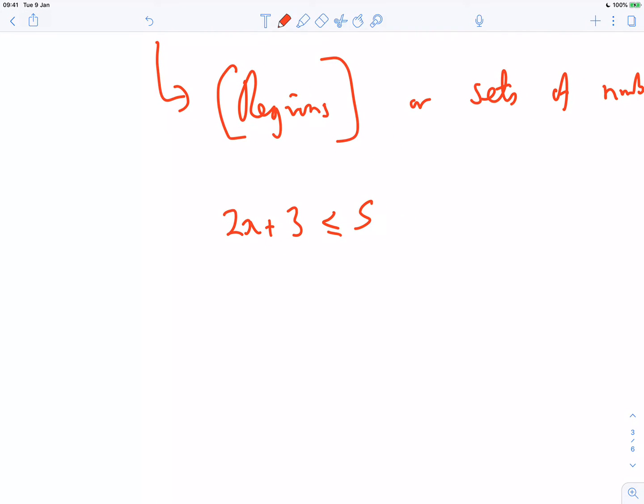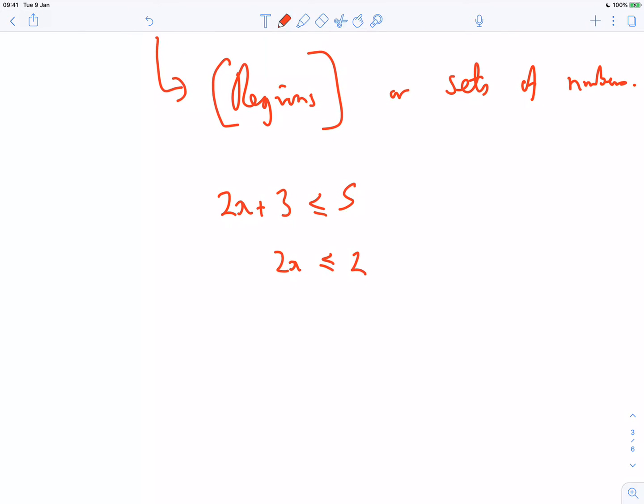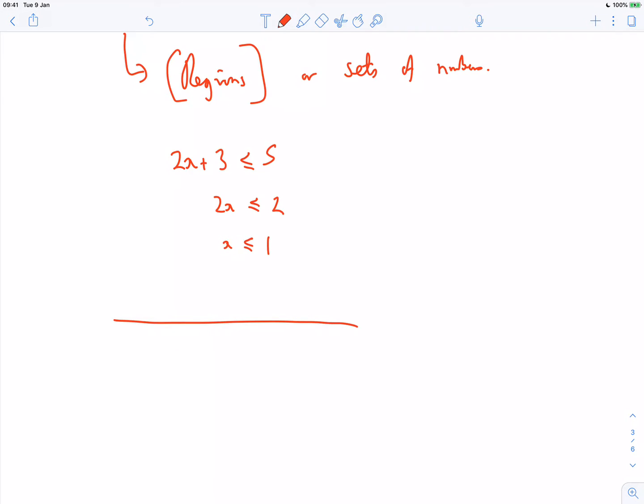I subtract 3 from both sides to get 2x less than or equal to 2, like so, and I can divide by 2 to get x is less than or equal to 1, which means on a number line, if this is 0, 1, 2, 3, 4, 5, minus 1, minus 2, minus 3, minus 4, then I'll have a solid dot because it's a less than or equal to, and I want all the numbers to the left. If it was just strictly less than 1, then instead of a solid dot, it would be a dot with a hole.